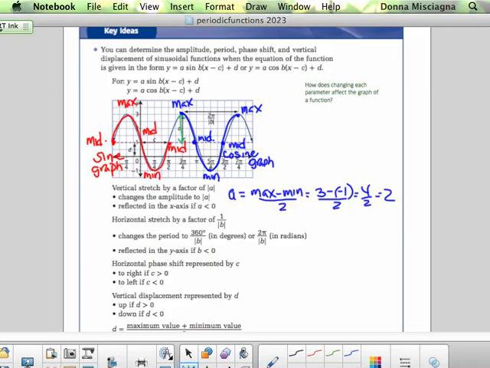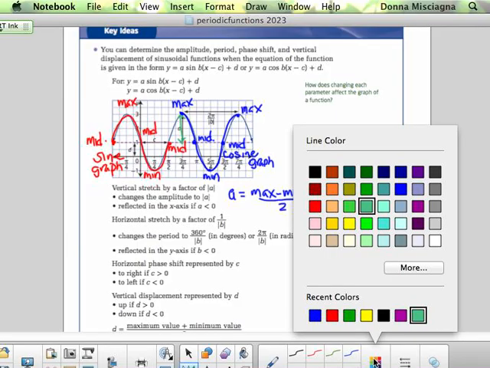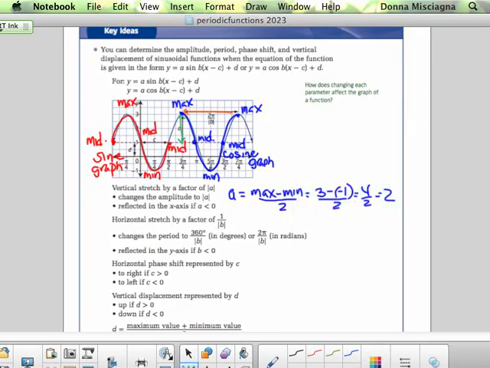The period is labeled on the graph as well. I'm going to pick a new color. And so right here, that is the period. The easiest way to find the period is to subtract the beginning of the period from the end. I'm going to choose that cosine graph for two reasons. Number one, the period was labeled there.